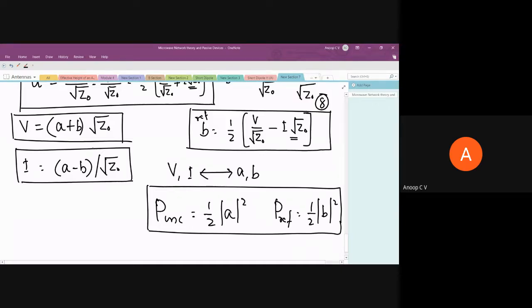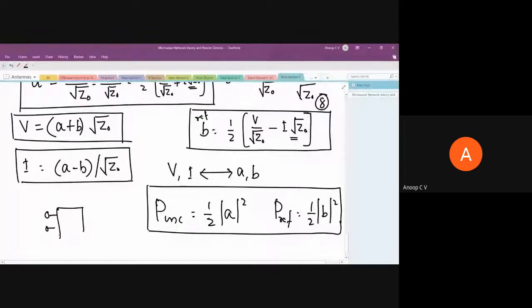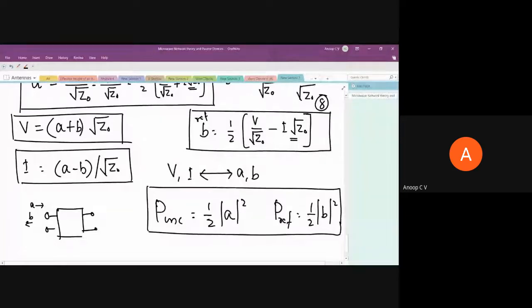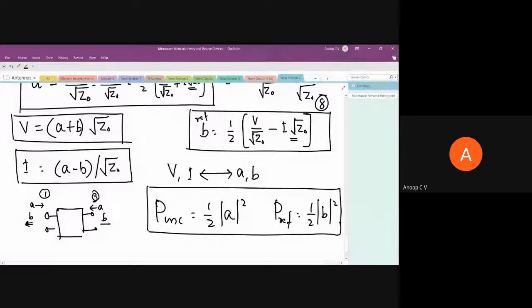I'll wind up, last 1 minute. So A is the incident quantity and B is the reflected quantity, related to incident power and reflected power. Similarly, this is port 1, and in port 2, A is incident and B is reflected.